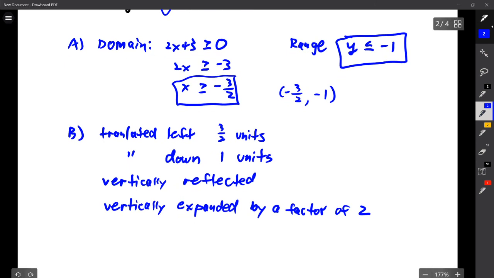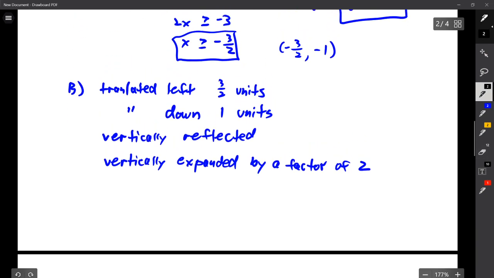And what does that mean? That means if our unchanged one is like this, if it's expanded, it'll be more like that. It's taller. It's kind of a way of looking at it. Okay? And that gives me all the information that I need for graphing this.